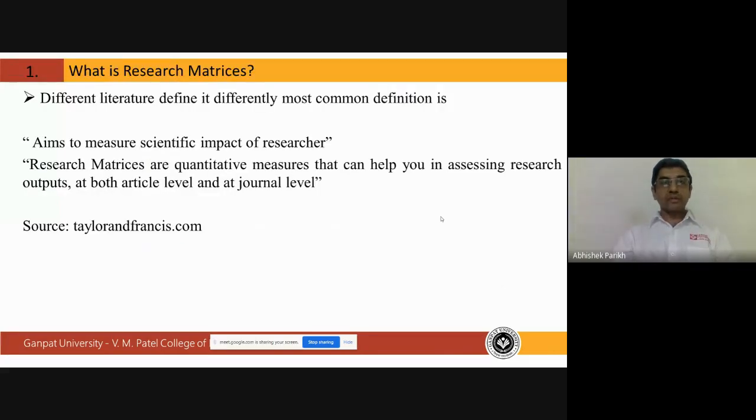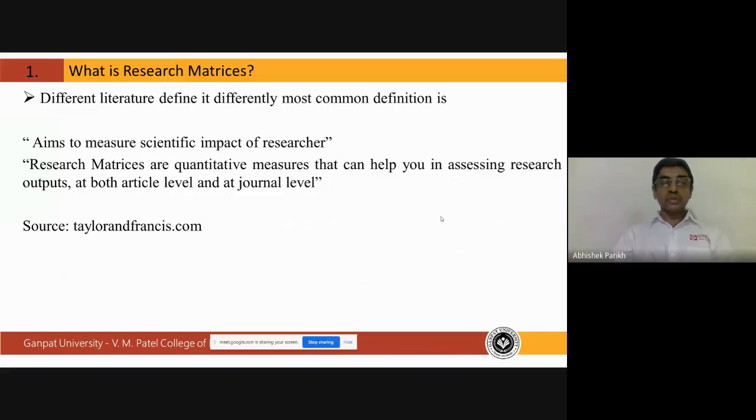So, starting with research metrics, let me clarify one point: research metrics is not precisely defined. However, different publishers have defined research metrics in different ways. Even when we talk about quantifying research metrics, the quantified numbers represented by Elsevier or by Web of Science are a bit different.